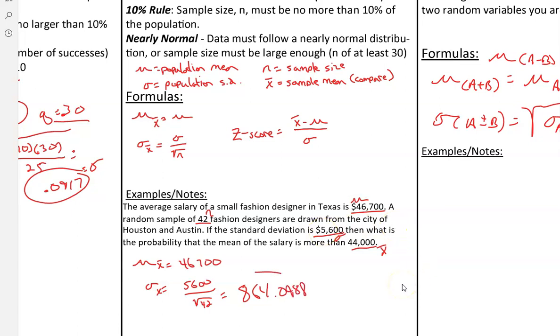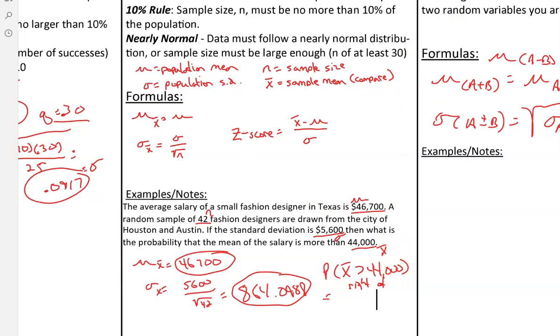So we have our mean and we have our standard deviation. And what we're comparing it to is we're looking for the probability that x bar is bigger than 44,000. So I'm going to put to the right of 44,000.